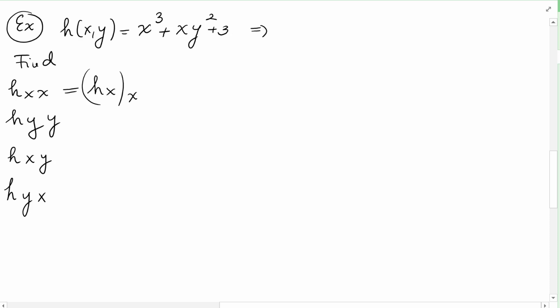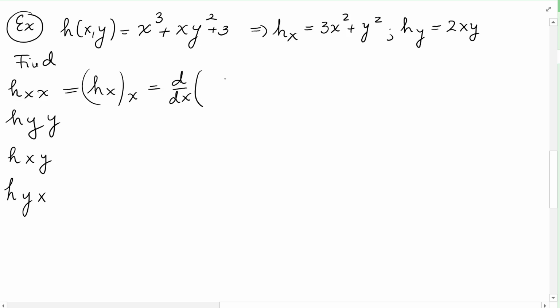So h sub x is the first derivative of h with respect to x, which is 3x squared plus y squared. And h sub y, because we'll need that later, is 2xy. So h sub xx means differentiate h sub x with respect to x, which is 3x squared plus y squared.